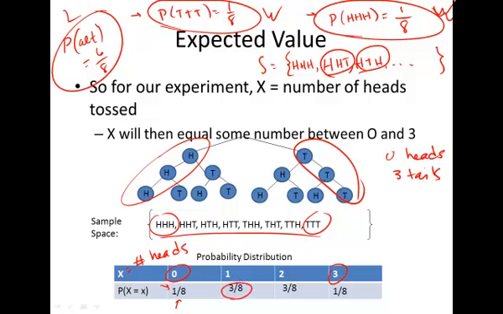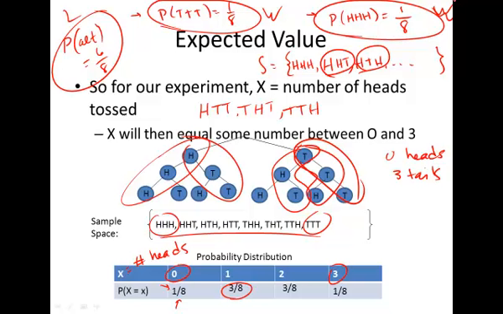Exactly 1 head is 3/8, because it could be head, tail, tail, tail, head, tail, which is that one, that's HTT, and TTH. So there are 3 cases where exactly 1 head shows up on the coin. Analogously, there's 3 out of 8 where exactly 2 heads show up. That's the probability distribution there.